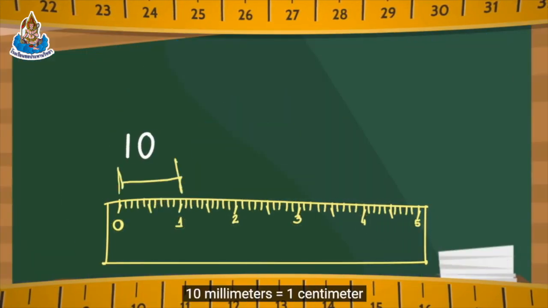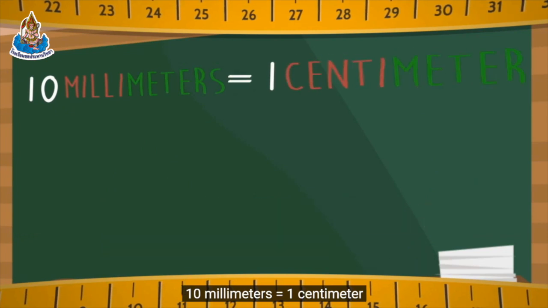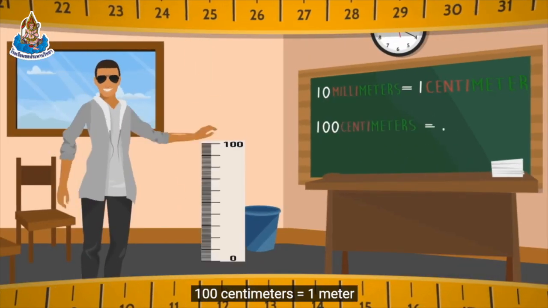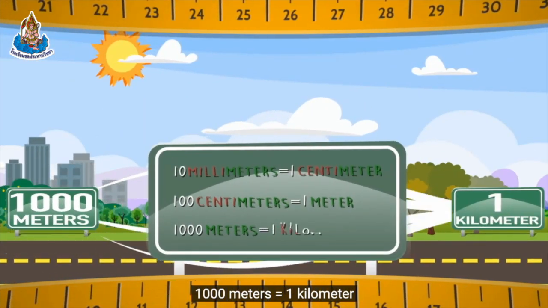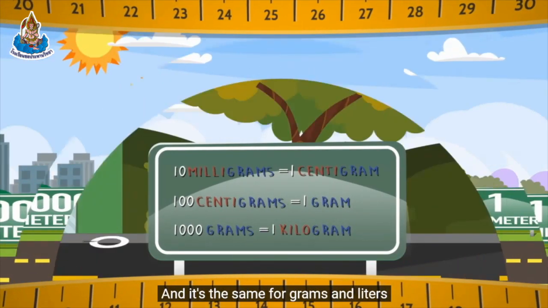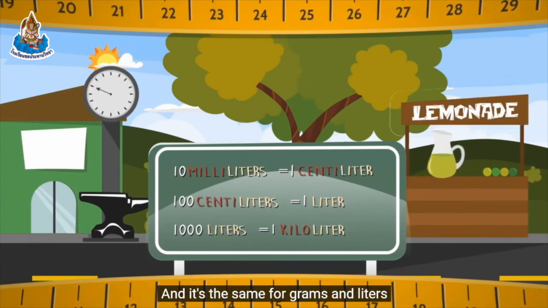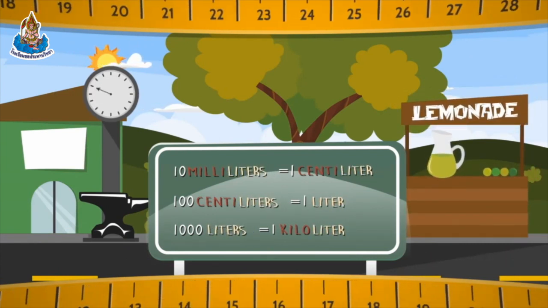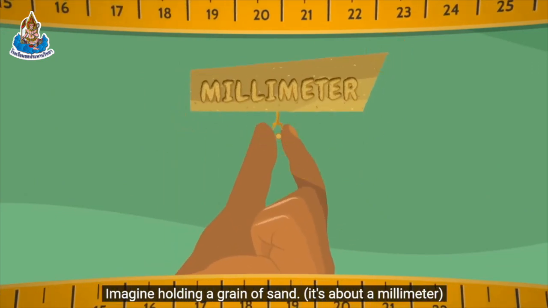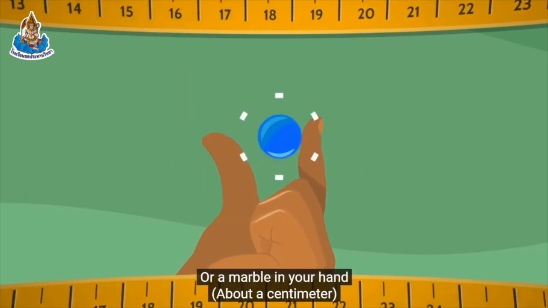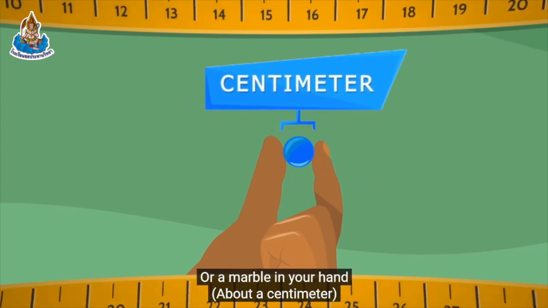10 millimeters, a centimeter, 100 centimeters, it's a meter, 1,000 meters, that's a kilometer, and it's the same for grams and liters. Imagine holding a grain of sand or a marble in your hand.